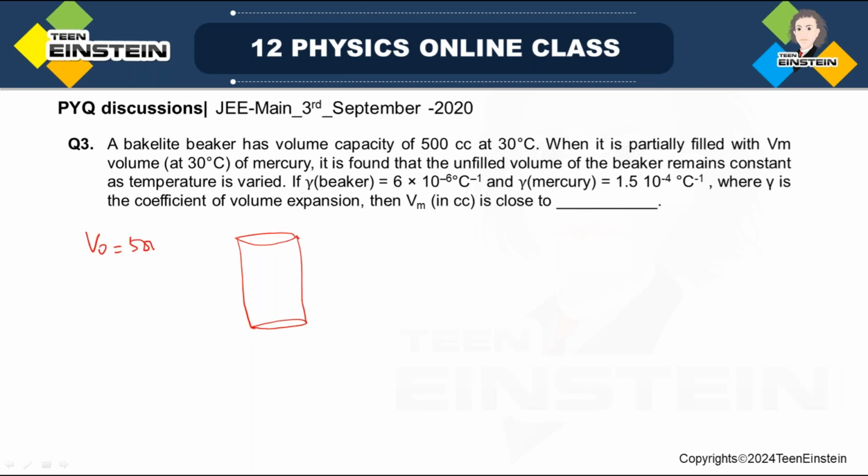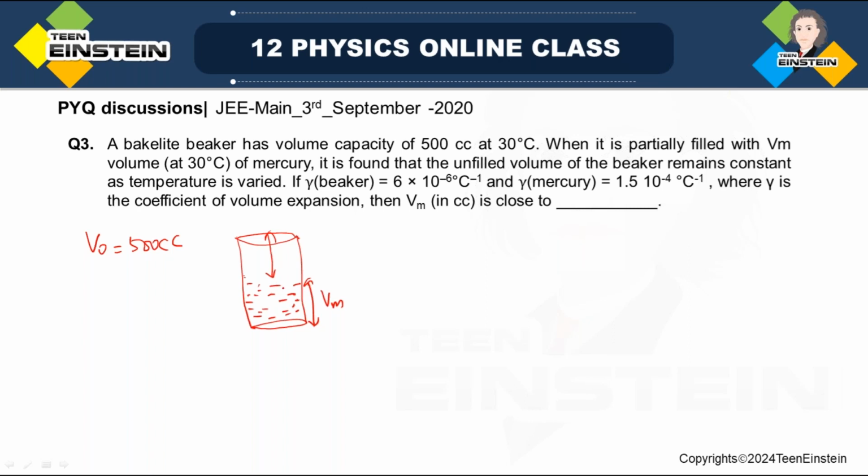Now it is filled with mercury, and this volume is found to be Vm. Then the rest of the portion, this portion, is empty.